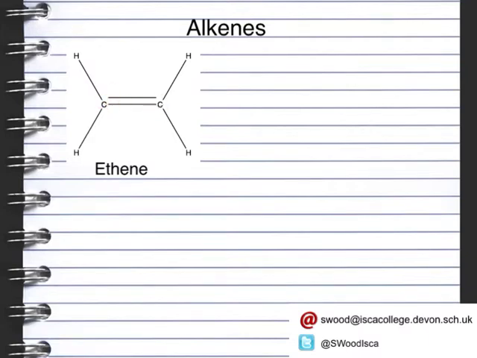Now it has a double bond between those two carbon atoms. Because of that, we've got 1, 2, 3, 4 bonds on each carbon, as you have with the alkanes.